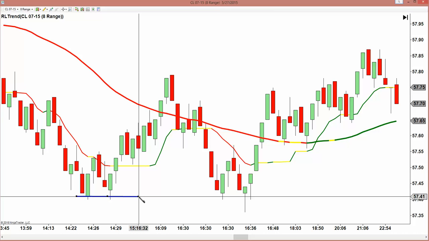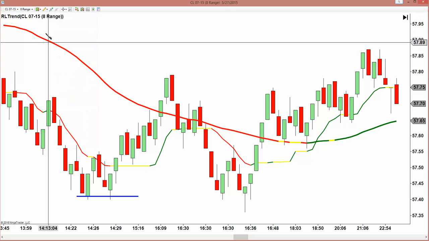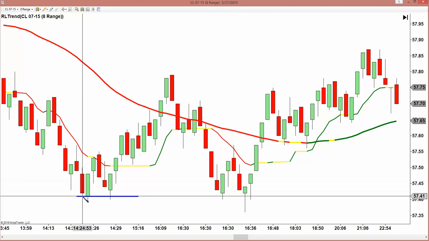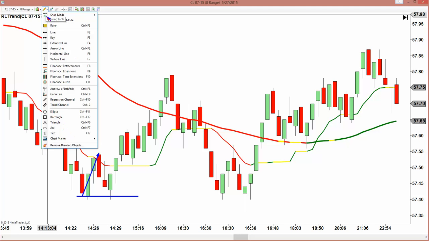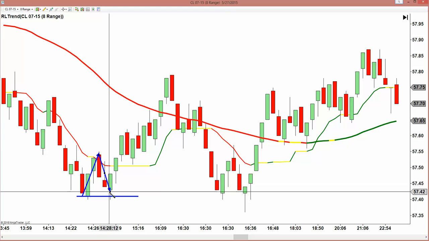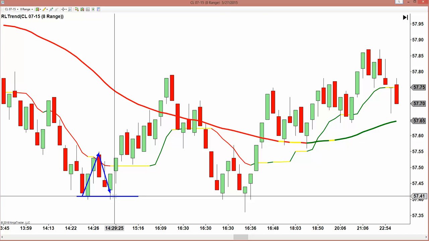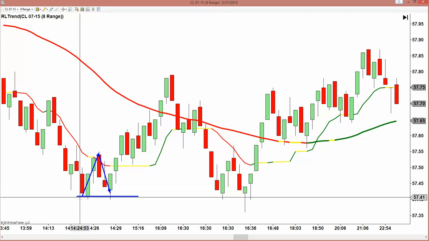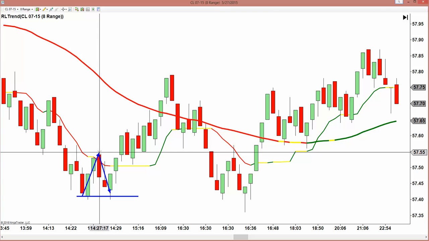Now here's a move. Price goes up. It then retraces at least 70% of the move. And I would say, just by estimate, without using the Fibonacci tool, this is a 70% retracement of this move to the upside.